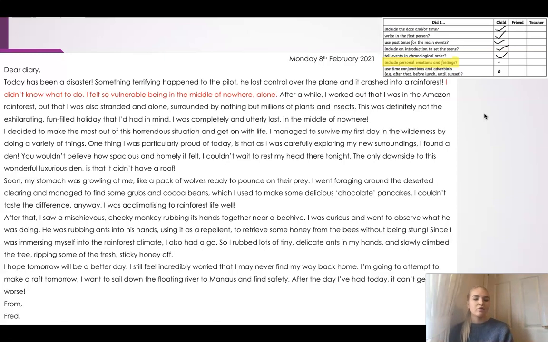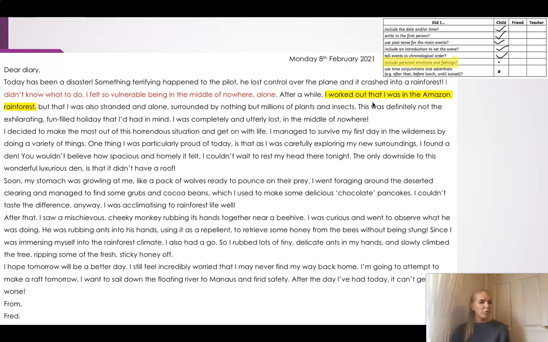Okay. Now we've got this time conjunction, adverbial here, and time conjunction, after a while, so that's fantastic. I worked out that I was in the Amazon rainforest, but that I was also stranded and alone, surrounded by nothing but millions of plants and insects. Now I've got these words here, stranded and alone, but I've already included the word alone here. So really I want to change that now to make sure that I'm not repeating myself too much. And I'm also going to change this sentence here, where I state that I worked out that I was in the Amazon rainforest.